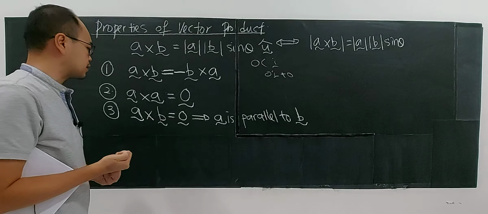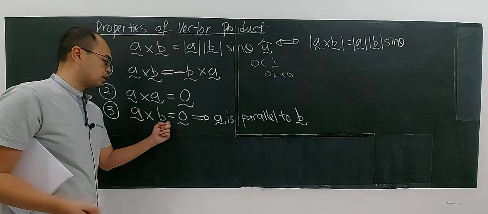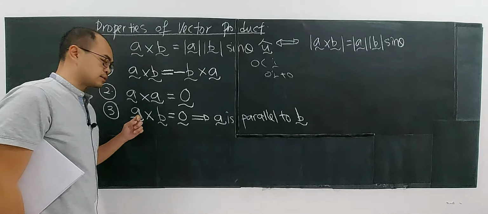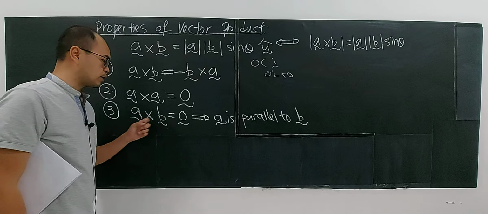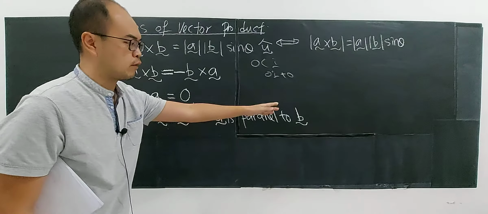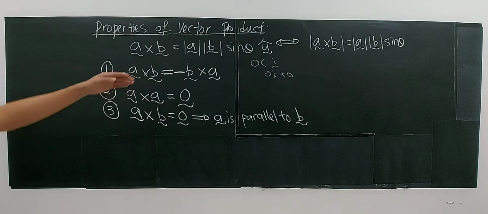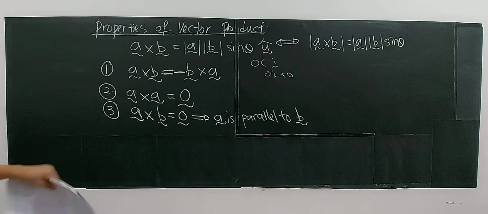Parallel means one can be a scalar multiple of the other. As long as you cross these two vectors and get a zero vector, they must definitely be parallel vectors.